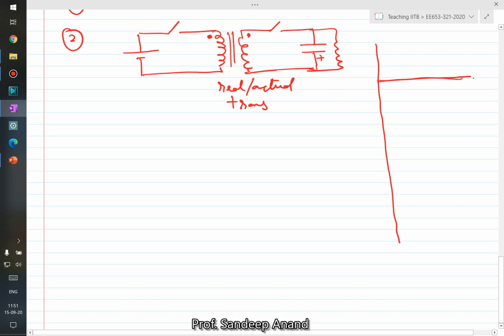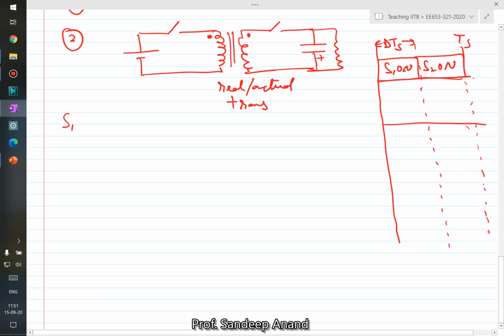Let me try to explain it. Again, in terms of switch S1 on, S2 on, this is period D Ts, and the full period is Ts.